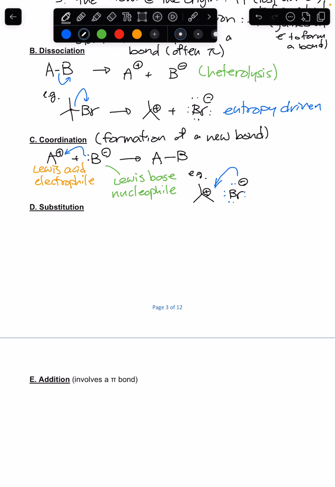So what that tells you is this reaction is actually reversible. Right. And what would this reaction be driven by? Well, it's entropically unfavored, but enthalpically it's favored because we are gaining a new bond. Right. So hopefully that makes sense.